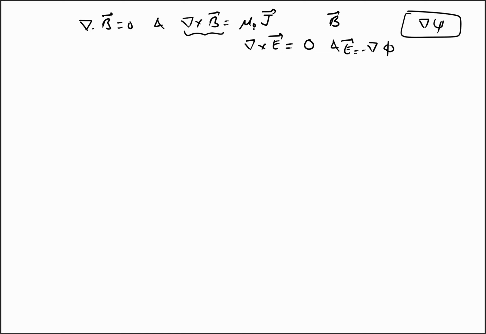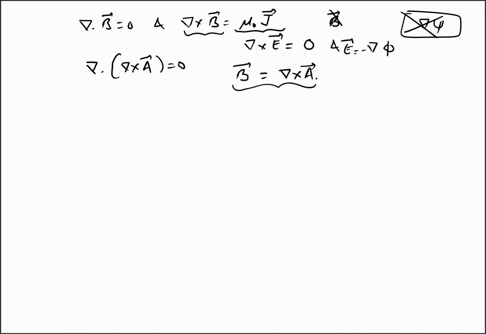However, since here the curl is non-zero, we cannot find a scalar quantity whose gradient will give us the magnetic flux density. However, we know that divergence of a curl is always zero. So it implies that we can make B to be the curl of a quantity.